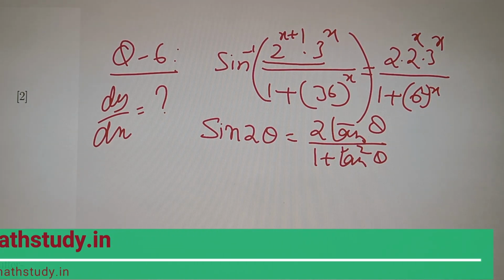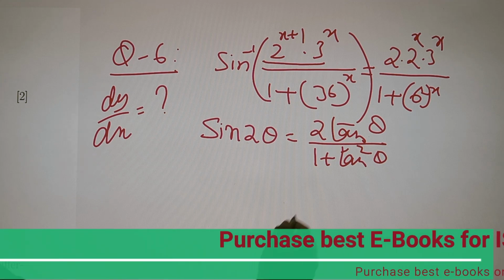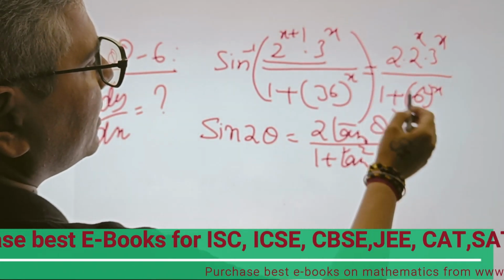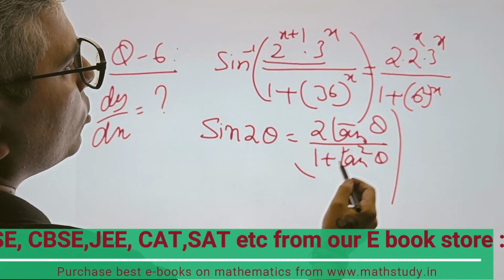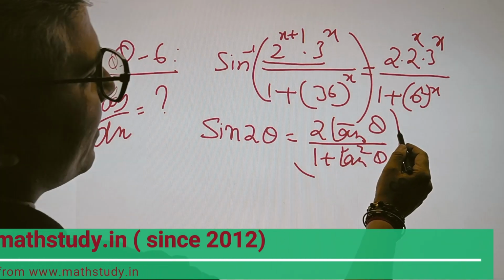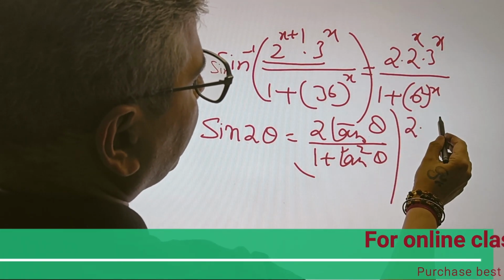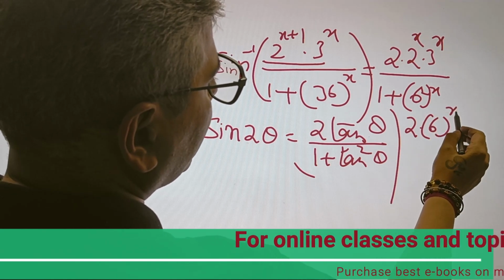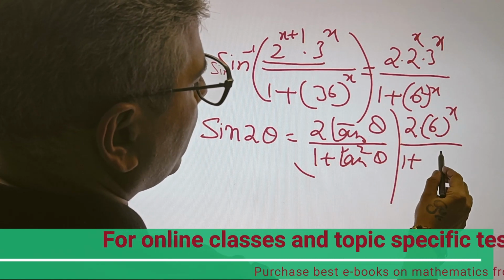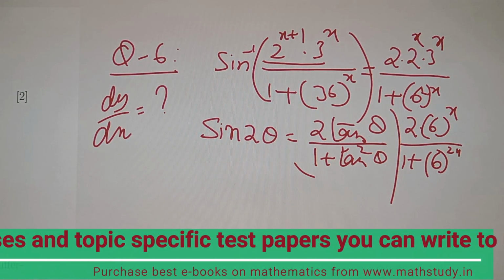Very simple. So now what will be the advantage of this? We have to convert this part into this form so that we can simplify the inverse part here. So let's understand this. The numerator we can write this way: 6 raised to the power x upon 1 plus 6 raised to the power 2x.